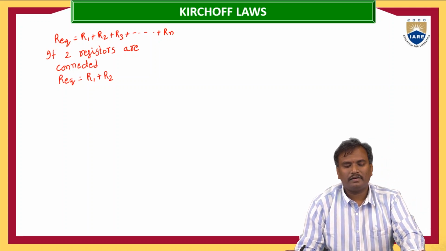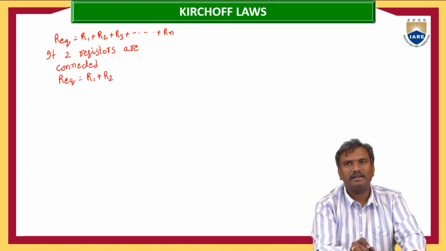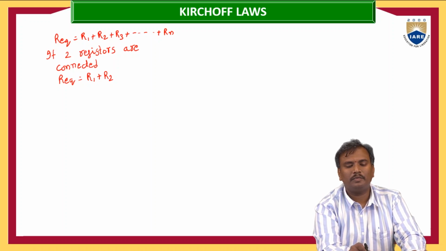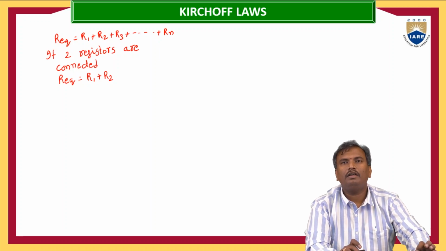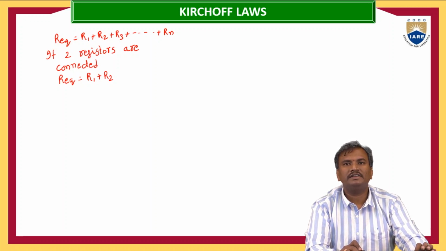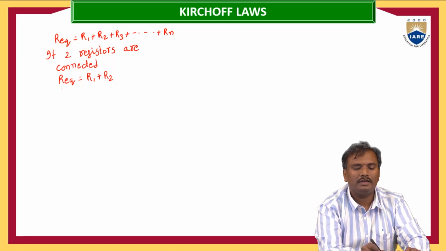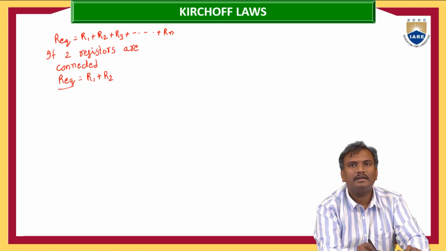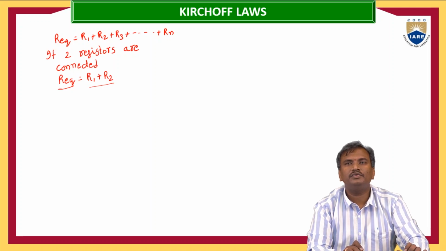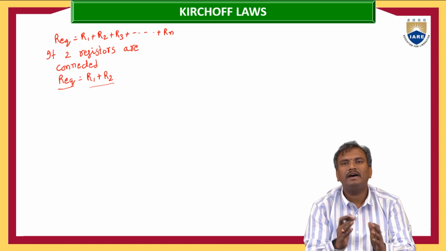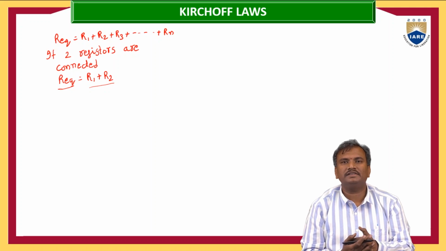Now, if you see this equation, R1 plus R2 plus R3, and so on, Rn, when any two resistors or n number of resistors are connected in series, the equivalent resistance value will always be greater than all the individual values, because this is the addition of the resistors.